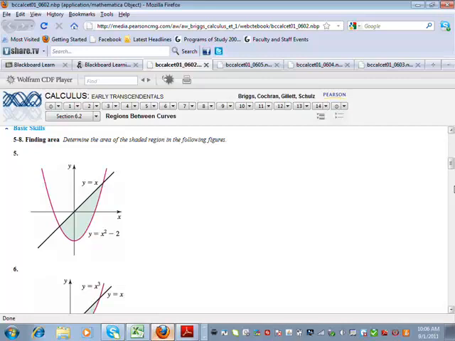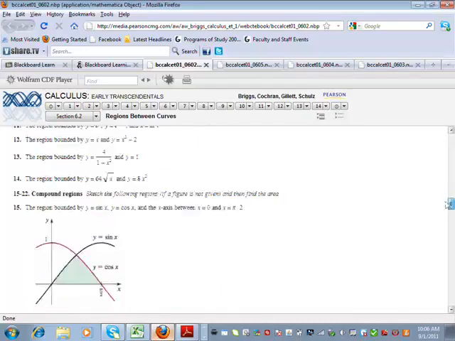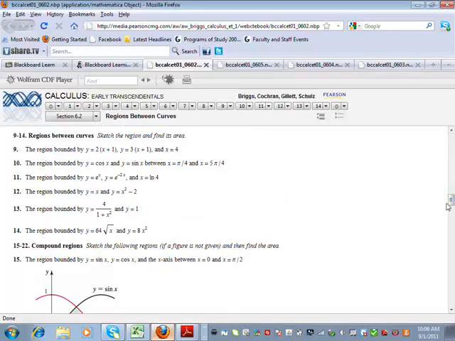The only issue now is that for me to give you a problem like some of the ones down here in which you don't have a picture, like 9 through 14, and to say figure it out, then it basically requires you to have a calculator. We're going to do some of these, and the first thing you'll see me do is graph it.